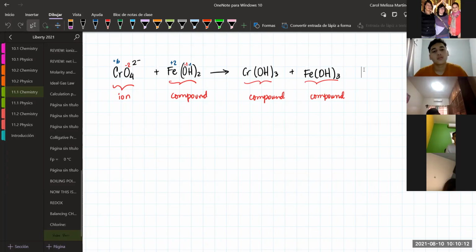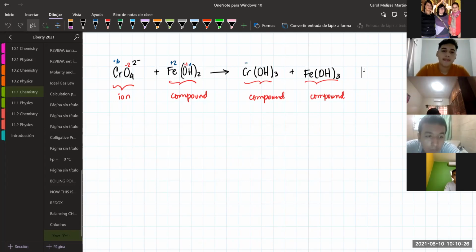This 3 tells me the charge of what element? Chromium. So chromium will be plus 3, oxygen -2, and hydrogen plus 1.